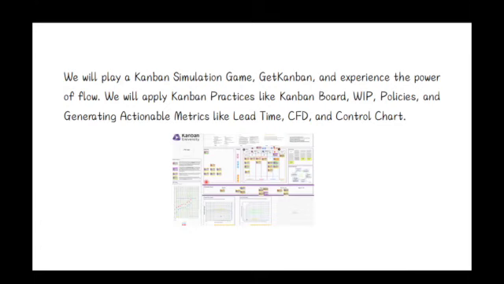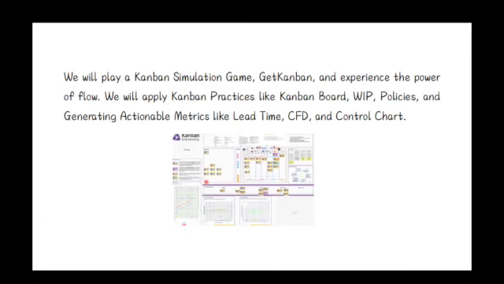And while we are drawing these charts, this game will throw events at you. What if a blocker comes in? What if the organizational policies change? What if you get an expedite request in your system? How will your system behave?